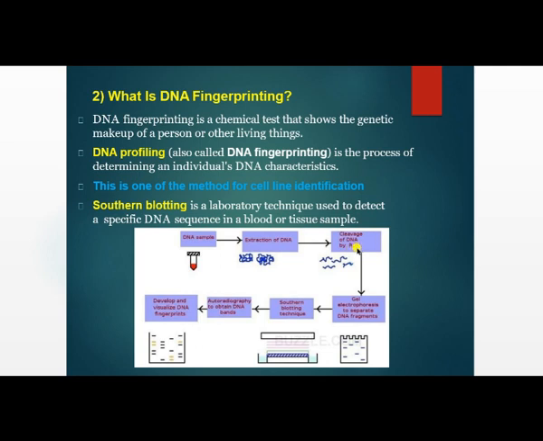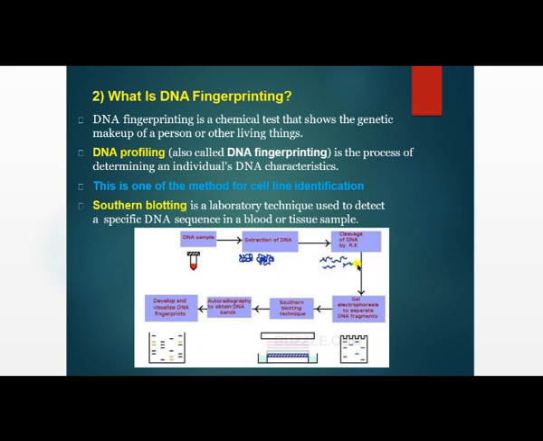RE means restriction endonuclease enzyme. Cleavage means cutting. So this genome, this DNA, we are going to cut into fragments by using the restriction endonuclease enzyme. After making the fragments of this DNA, the next step is gel electrophoresis.